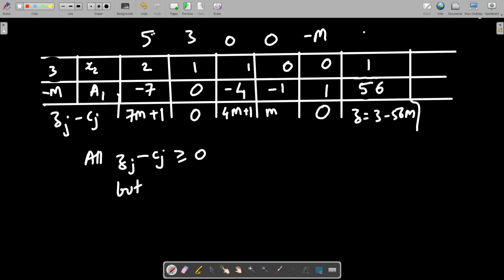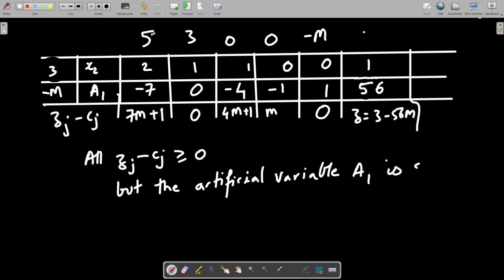But the problem here is there's still that artificial variable which you had gotten, and the problem is still there, right? The artificial variable a1 is still present in the basis, right?